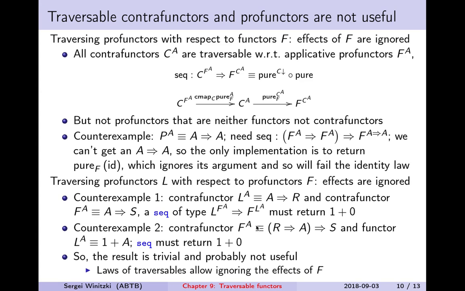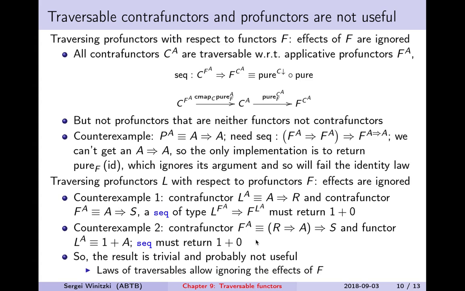And the second example is if you take this contrafunctor and this functor. And again, you can show that the only way to implement sequence of this type signature is to always return an empty option. And again, that would ignore its argument, and so it's most likely not going to be useful. Because we ignore all the effects, we never return anything that's not empty, and so on.